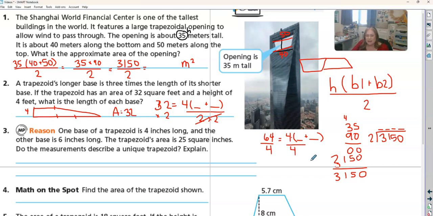So now we're going to divide this by 4. So 64 divided by 4. So you might need a scratch paper for this unless you have room out to the side. So that goes in there 1 time. And that goes in there 6 times. So this is 16 equals something plus something.